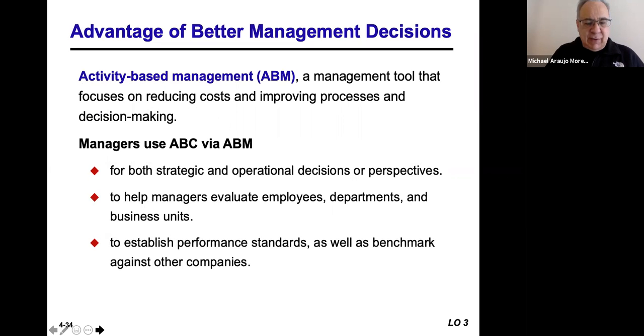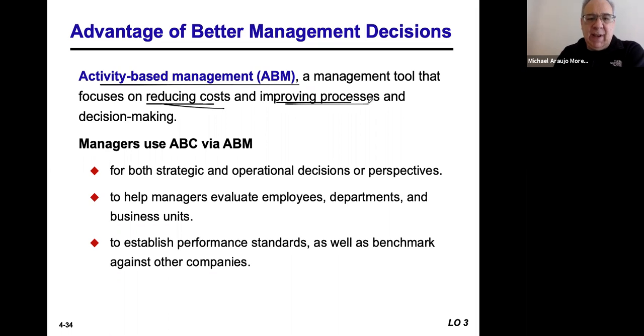And then there's just a few more things here in this part of the chapter that talks a little bit about, again, the advantages and limitations, right? So there's a whole management tool called activity-based management that really looks at reducing costs overwhelmingly and improving the process of getting perhaps a product done or a service delivered.